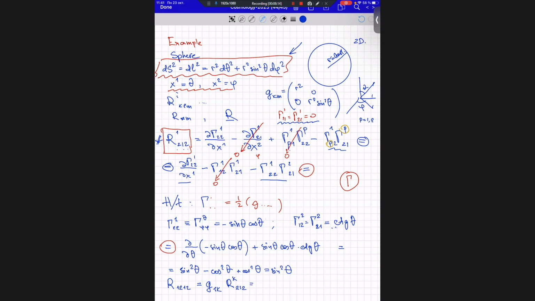It means that the non-zero component will be g11 R^1_212 plus g22 R^2_212.